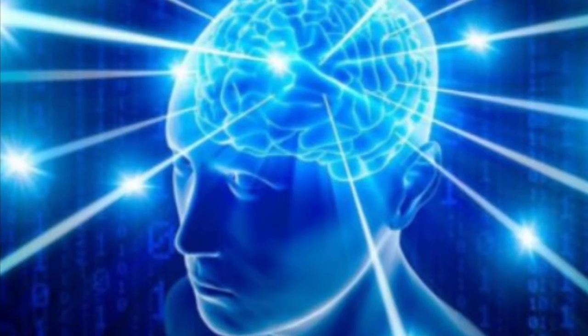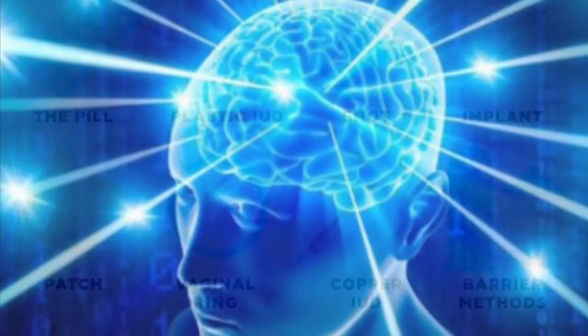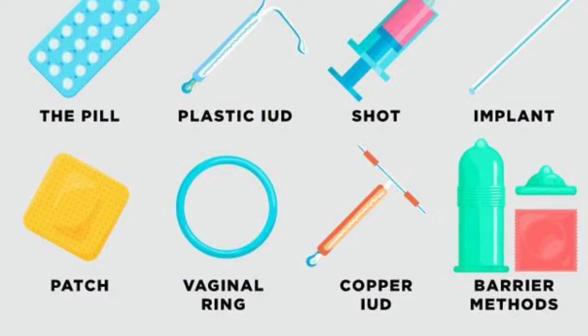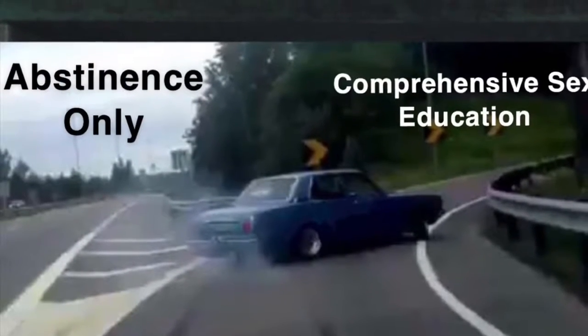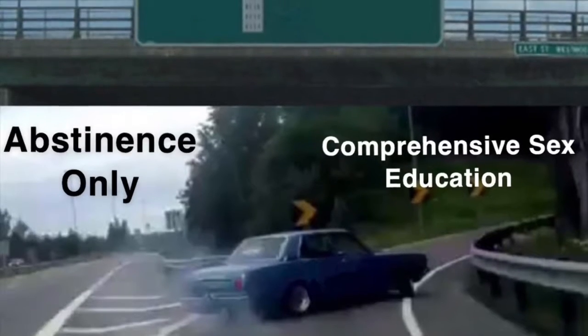However, beginning in the 1980s, a debate began in the United States between a more comprehensive approach to sex education, which provided information about sexual health, including information about contraception, and abstinence-only programs. Education about sex and sexuality in U.S. schools progressed in these two divergent directions.